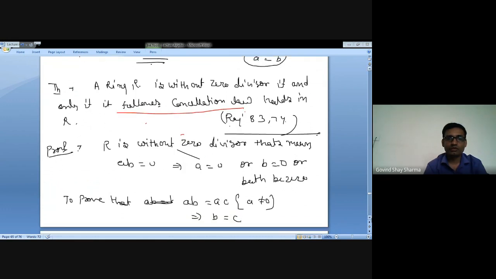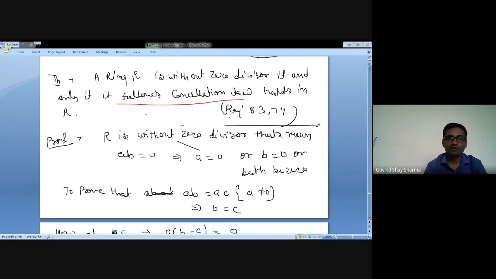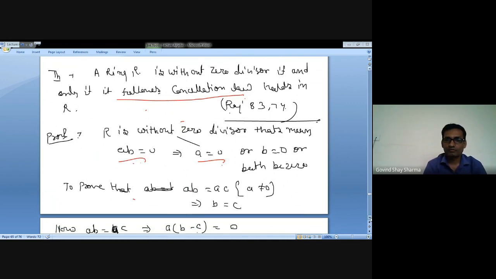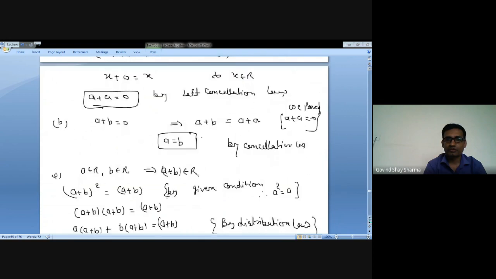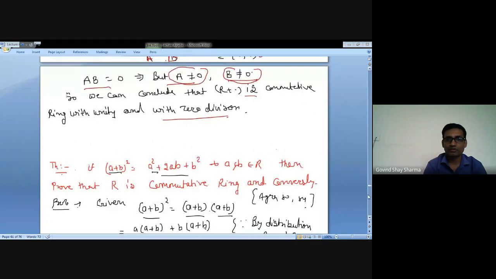So we take R is without zero divisor. So we take AB is equal to 0. Maybe A is equal to 0 or B is equal to 0, or we can take both 0. Then AB is equal to AC follows the cancellation law.